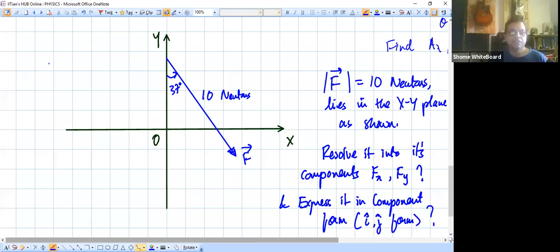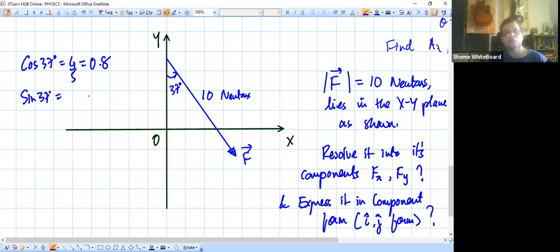Okay, here I will just again remind you of the trigonometric relations, that cos 37 degrees is 4 by 5 or 0.8, and sine 37 degrees is 3 by 5 or 0.6.